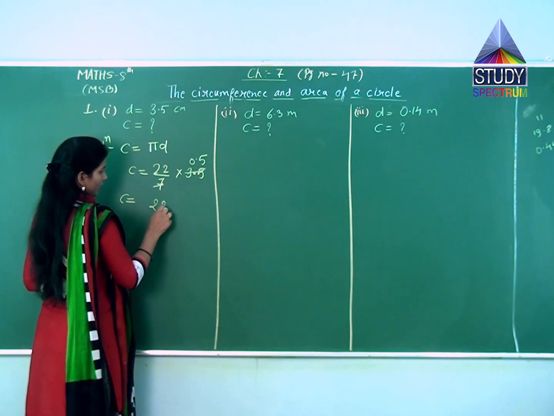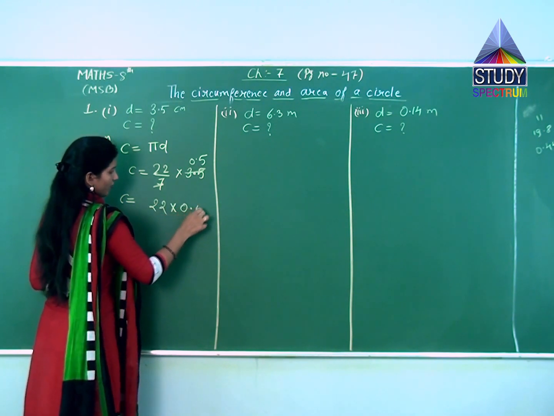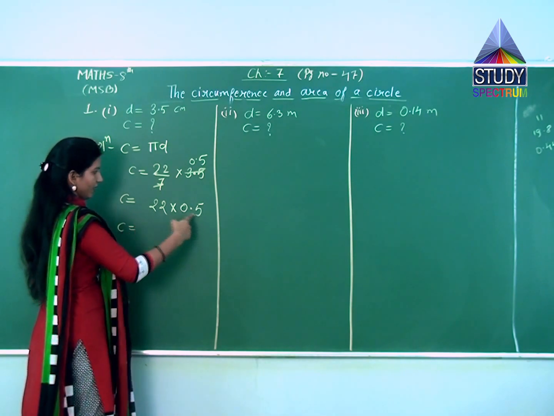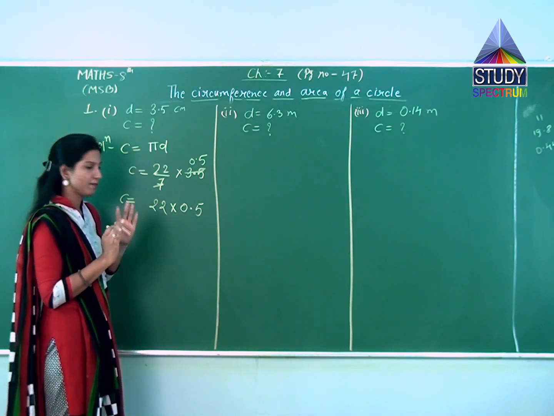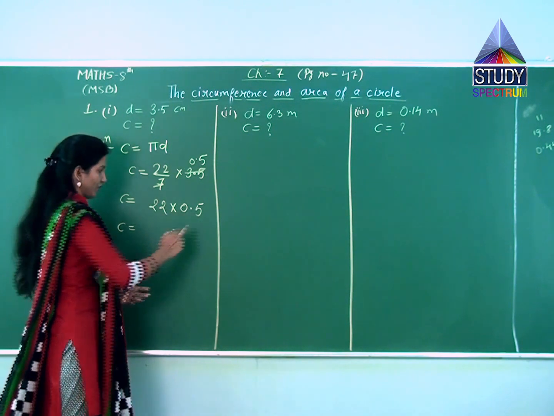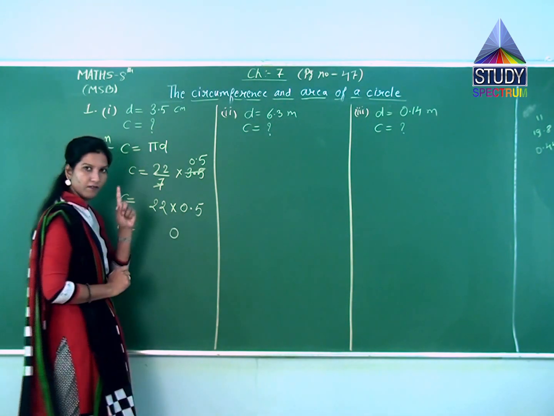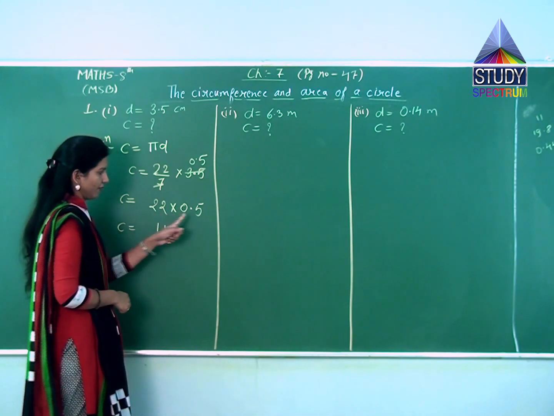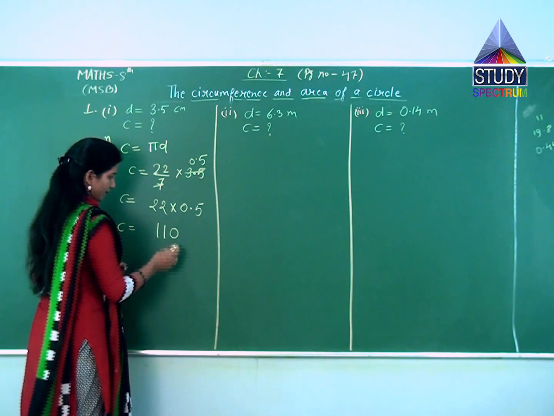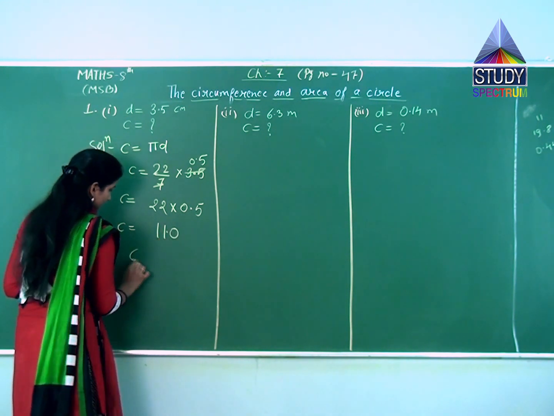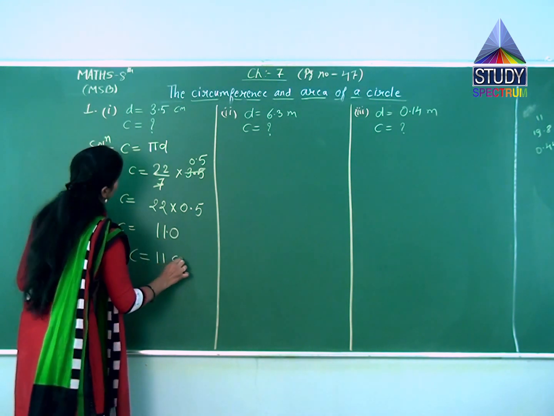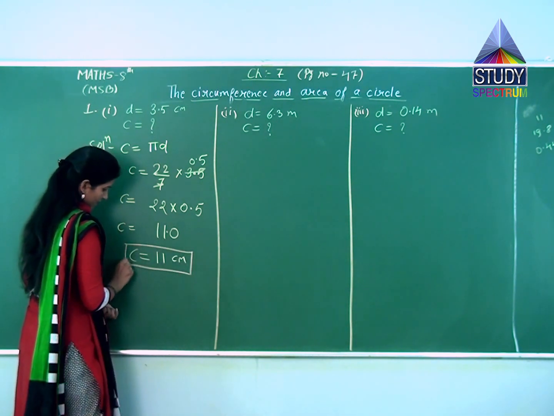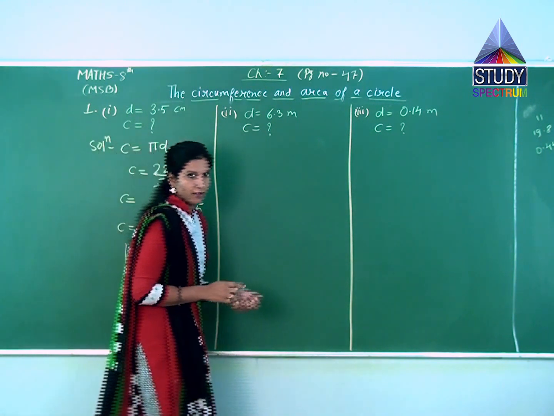Now we have 22 into 0.5. Let's multiply this 22 by 0.5. We will simply multiply it by 5. 5 2s are 10, 1 carry, 5 2s are 10, 10 plus 1, 11. But we have to put this decimal here. So, our answer for the circumference of this circle will be 11 centimeter.